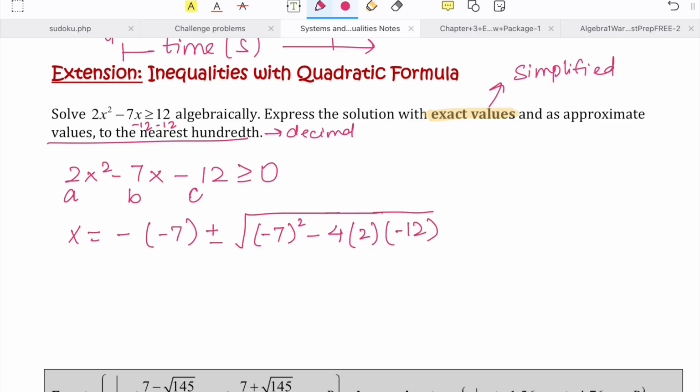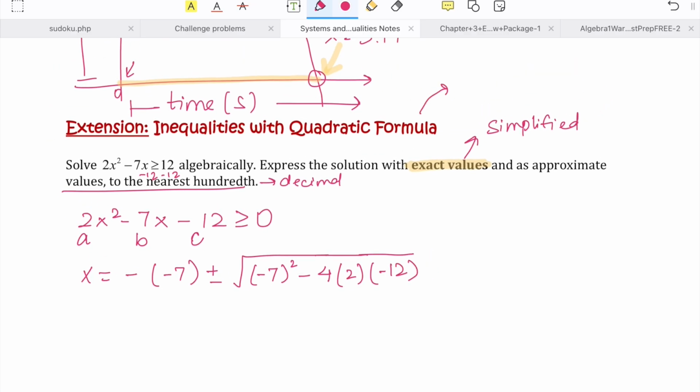Right, the quadratic formula is just minus b plus or minus the square root of b squared minus 4ac over 2a. So 2 times a, which is 2.